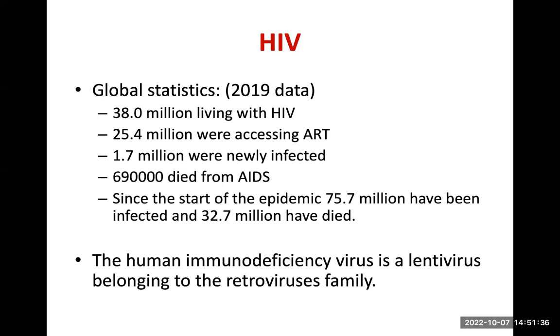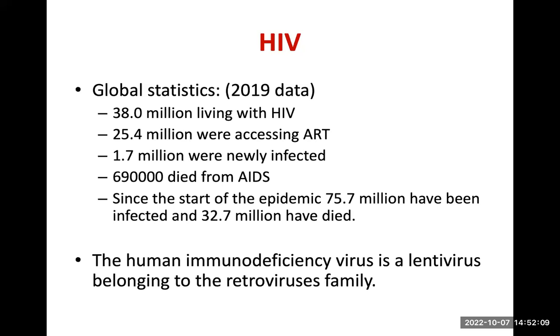So we have around 38 million people globally who are living with HIV, and 25 million are on ARTs, and we are getting 1.7 million new infections every year, and we are still getting more than 500,000 people dying every year. So we have had around 75 million people getting infected and more than 30 million who have died.